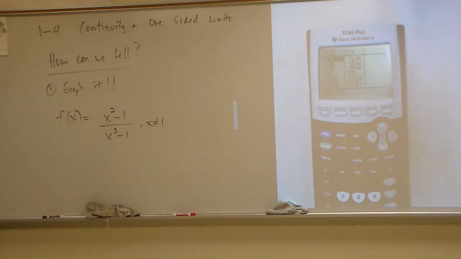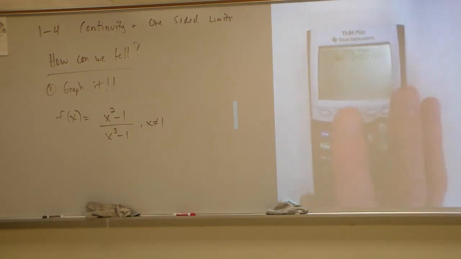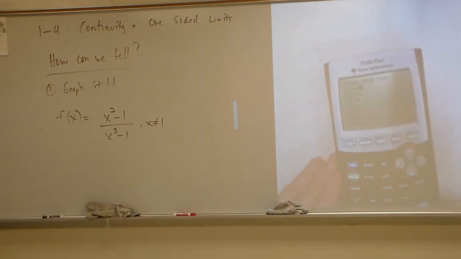Let's go to our graphing calculator and clear that out. I'm going to type in x squared minus 1 on top, divided by x cubed minus 1 on the bottom, and I go to my graph.